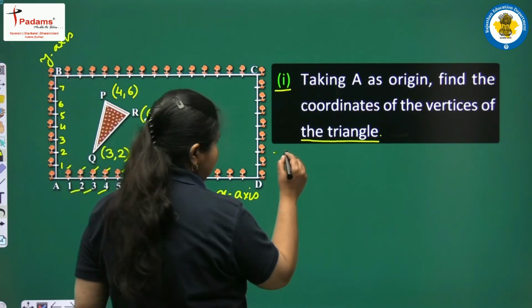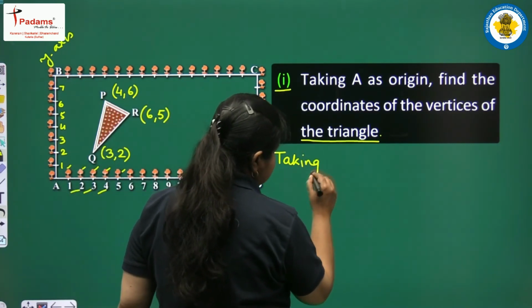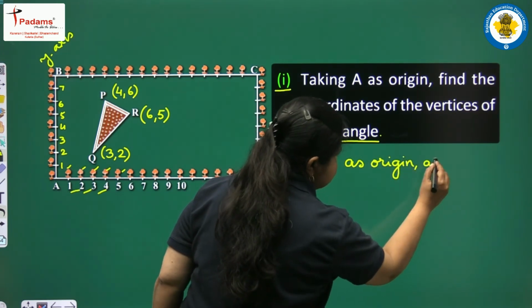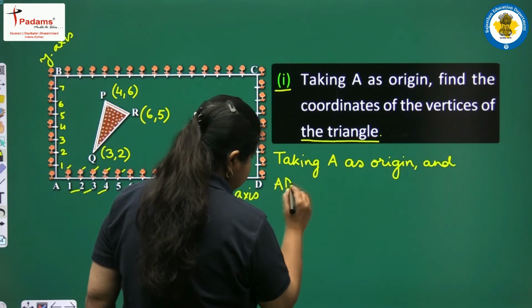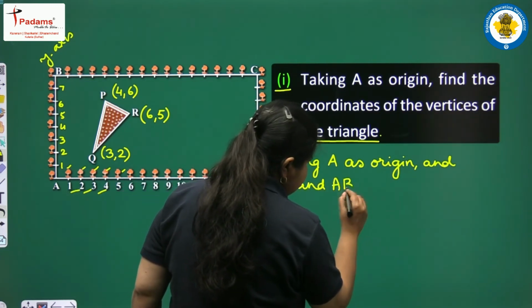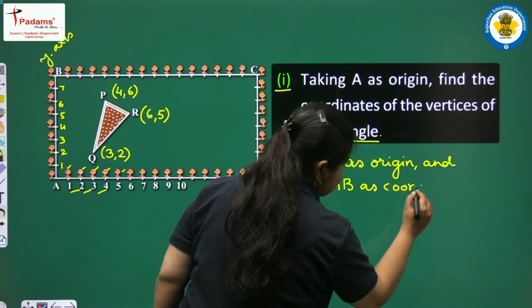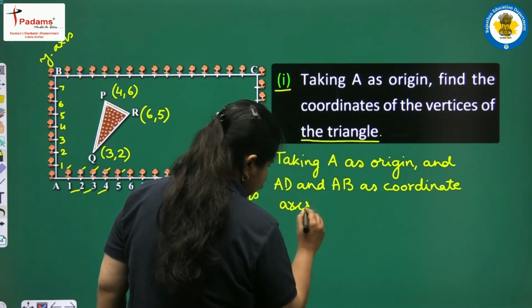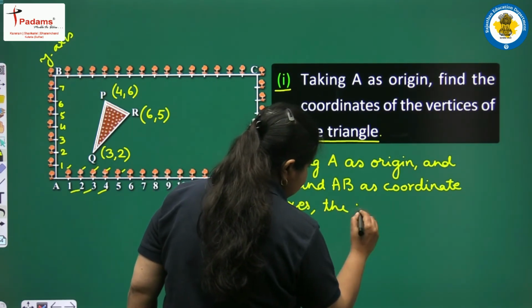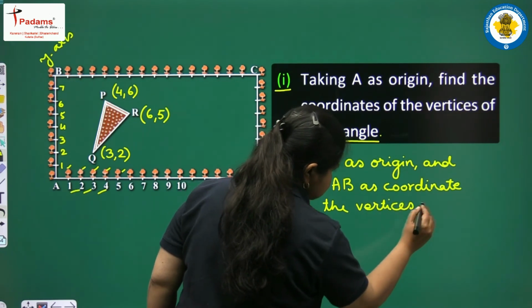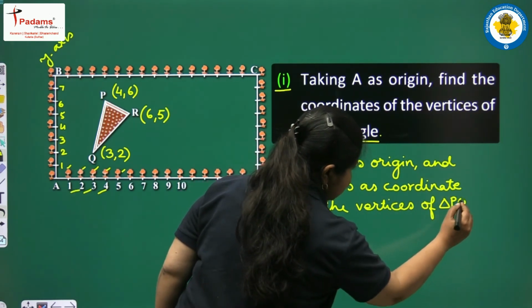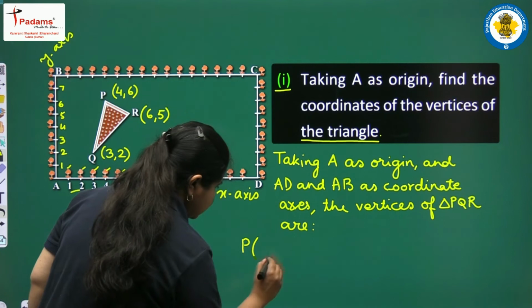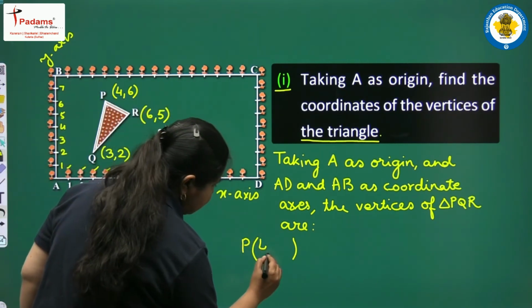We write here, taking A as origin and AD and AB as coordinate axis, the vertices of triangle PQR are P. P can be given the coordinates here 4, 6.